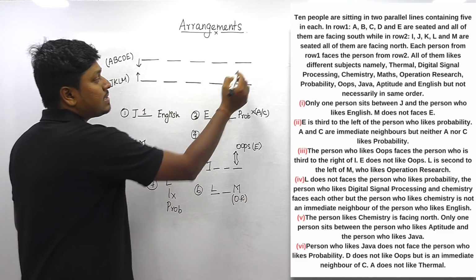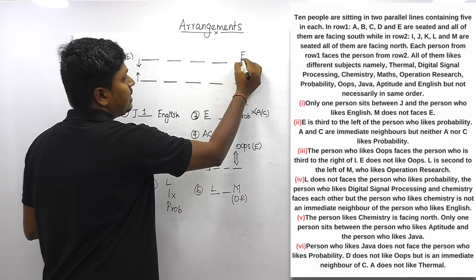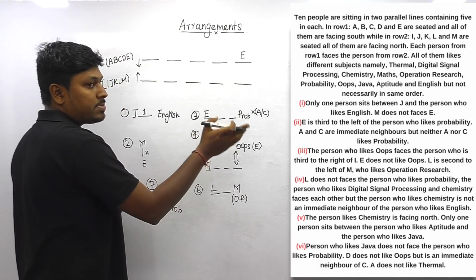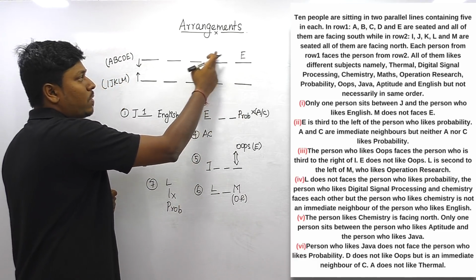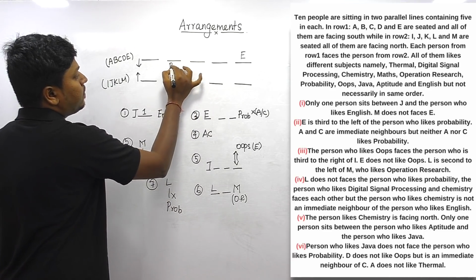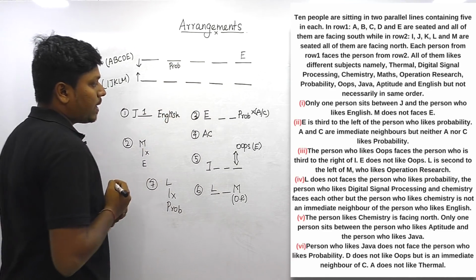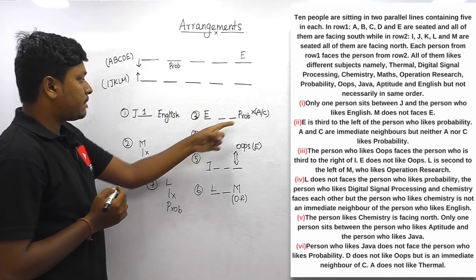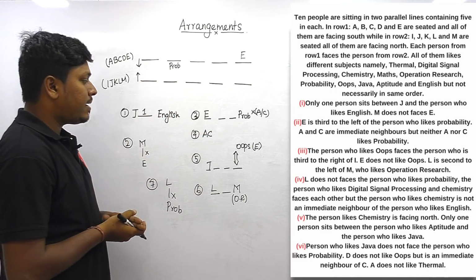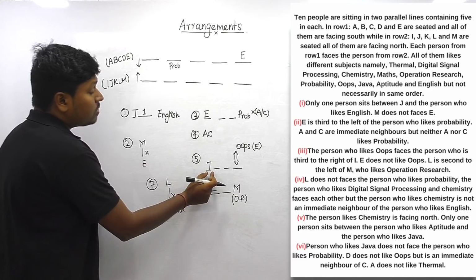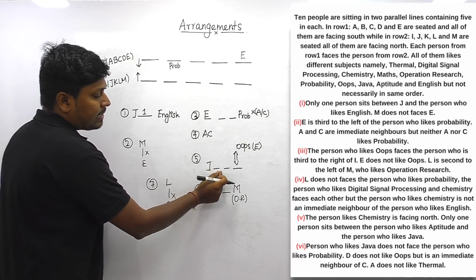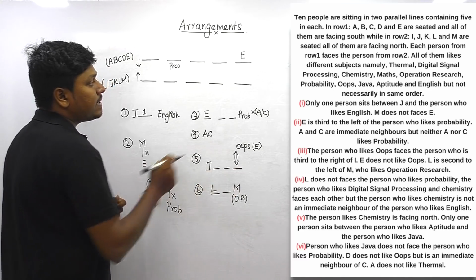So first let me fix E here. Listen here, if I fix E here, E's right hand side third place is probability. E's right hand side will be this side, so 1, 2, 3, and this is the place for probability. And probability is not liked by A and C. Leave that point. Let me move on to clue number 5: I's right hand side at a third place, the person is facing OOPS.